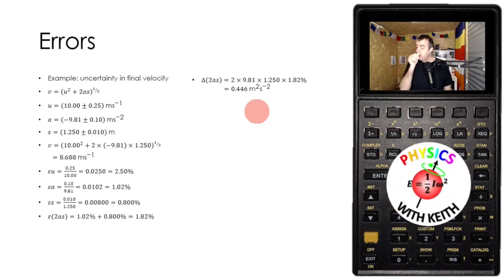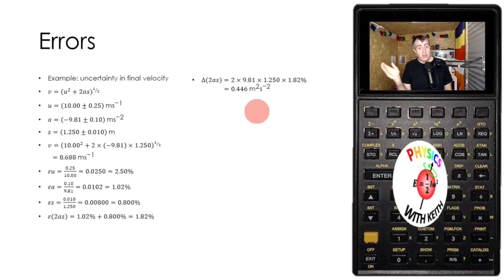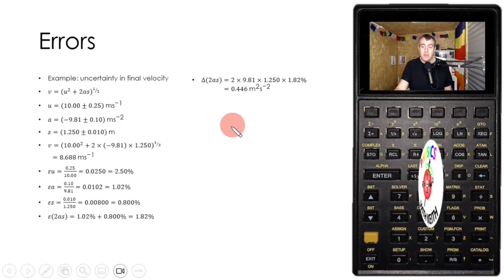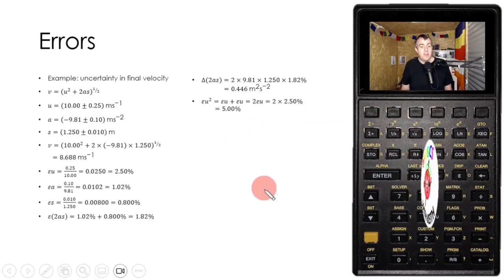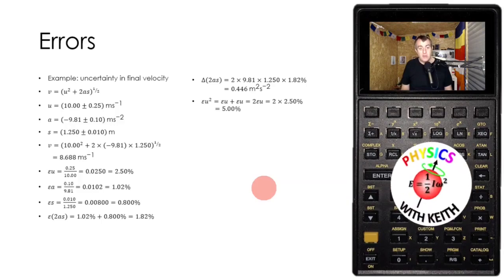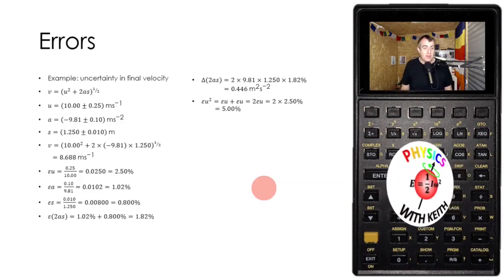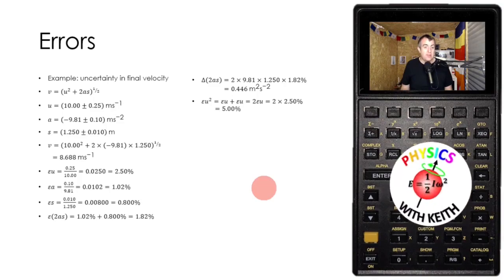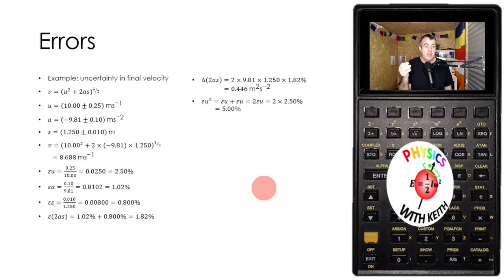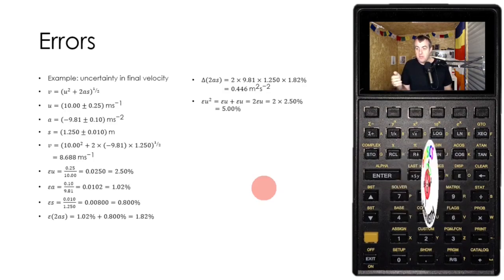Now I'm going to want to add that to the absolute uncertainty in u squared. Well, first of all, I'm going to have to work out what the percentage uncertainty in u squared is. And that's going to be the percentage uncertainty in u plus the percentage uncertainty in u. I've already calculated that. That was 2.5%. So I'm doubling 2.5%.